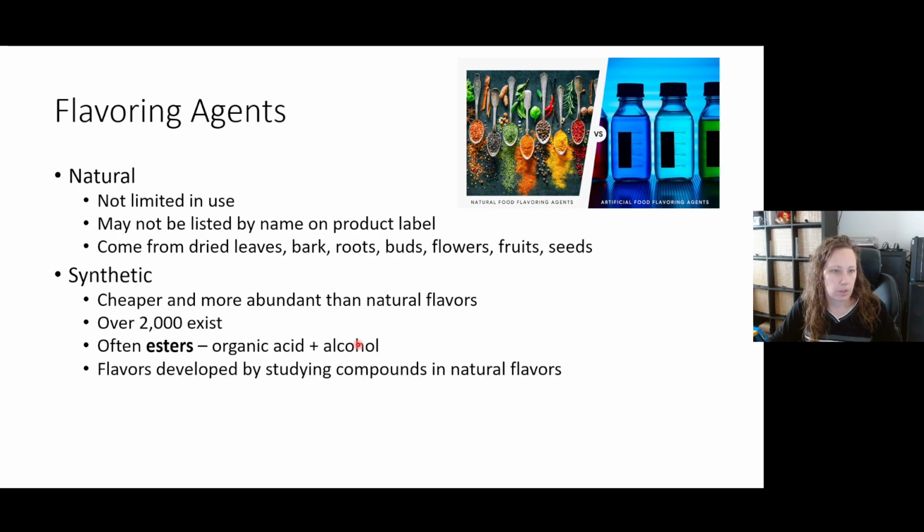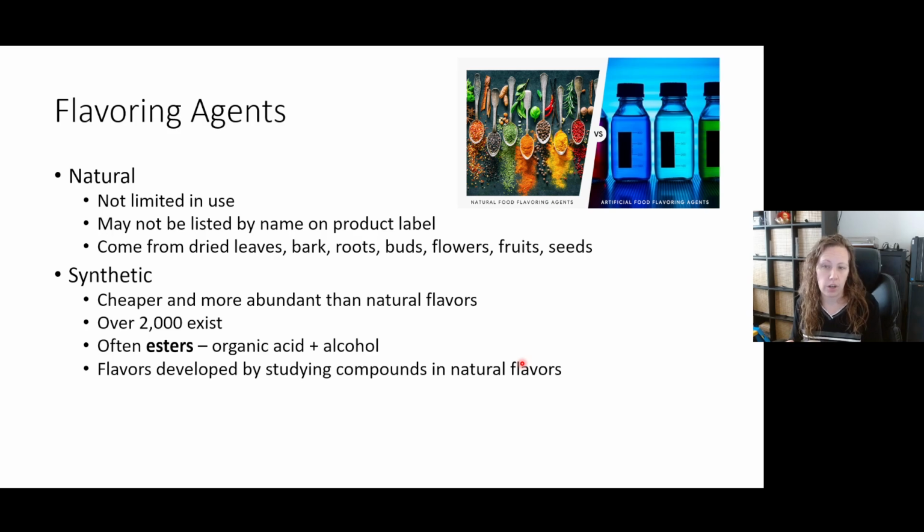I'm going to skip this here and talk about this next part. They're usually developed by studying the compounds in natural flavors, right? So they take a strawberry and they isolate all the chemical compounds that are a part of the strawberry. And then they figure out, okay, which ones of these compounds give the actual strawberry flavor.